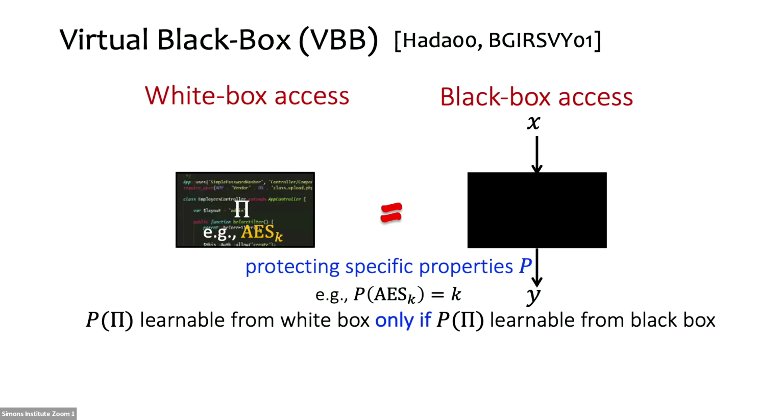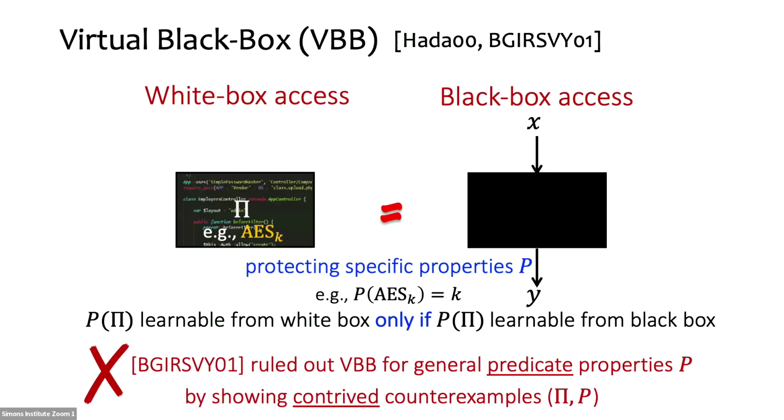And then being a virtual black box for property P simply means that one can only learn the property P of pi if one can learn it from the white box access. That must mean that you can already learn it from the black box access. So then the question is, for what kind of properties is VBB obfuscation possible?